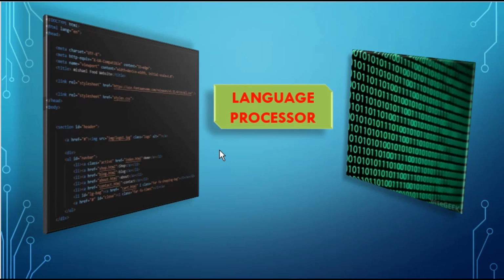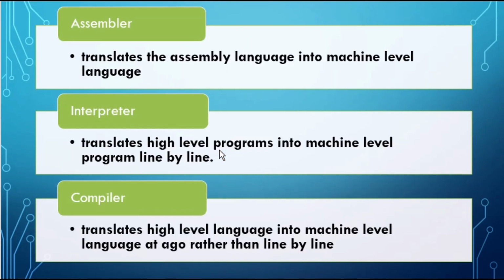Object code or machine code is a set of instructions in the machine readable form. Language processors, as we have seen, are the system software that convert the source code to object code.